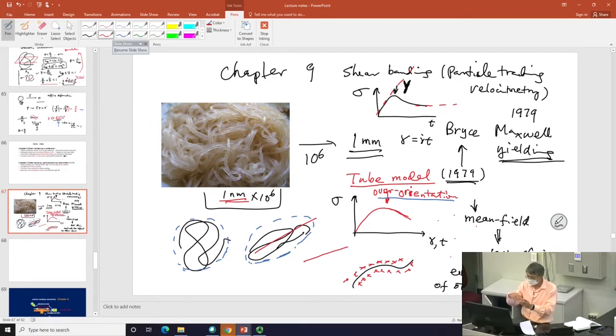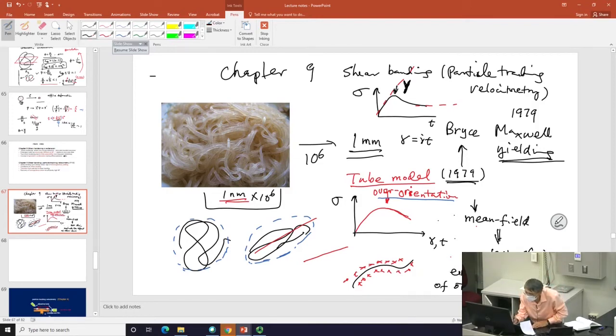It turns out the stress drops because the chain becomes a little bit more oriented, so it resists the shear less. Because it's a single chain picture, by definition you don't speak about how this chain relates to other chains.